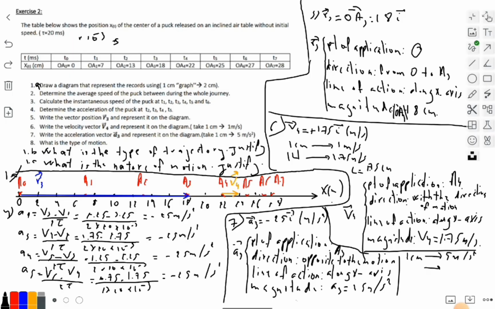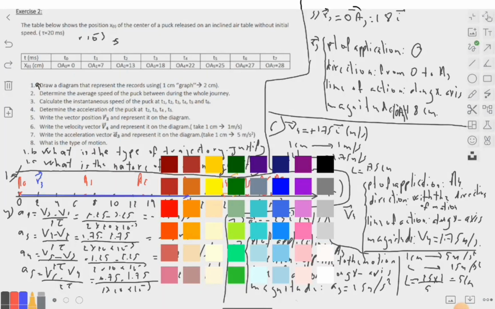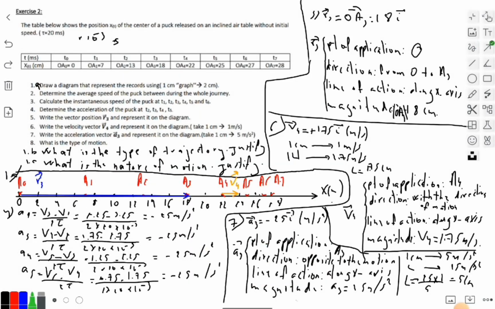The acceleration is 25 meter per second square, so L equals 25 times 1 over 5 equals 5 centimeter. So we draw the vector A3 from point A3 to the left by a length of 5 centimeter.